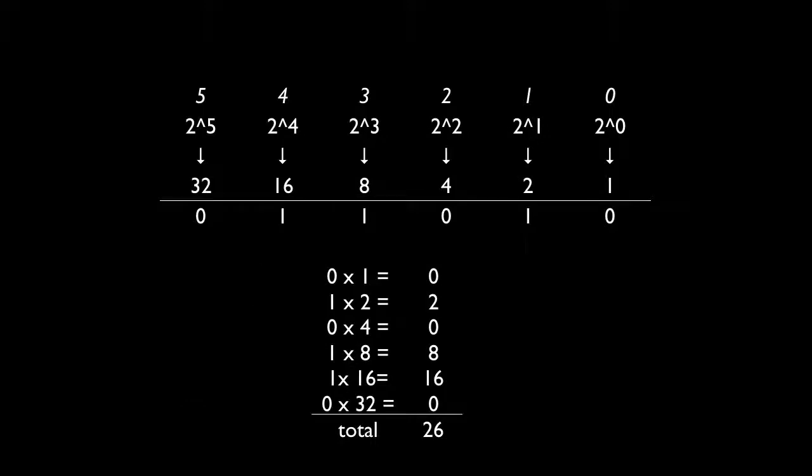So base 2 works exactly the same way, except instead of powers of 10 for each digit, we have powers of 2 for each digit. And the powers of 2 go: 2 to the 0 is 1, 2 to the 1 is 2, 2 to the 2 is 4, 8, 16, 32, 64, 128, 256, 512, 1024, 2048, 4096. Do you want me to keep going?